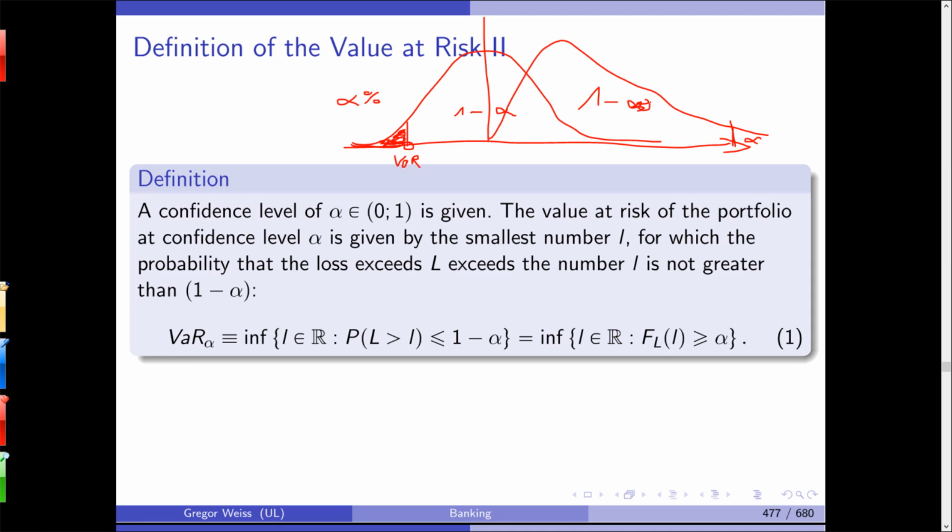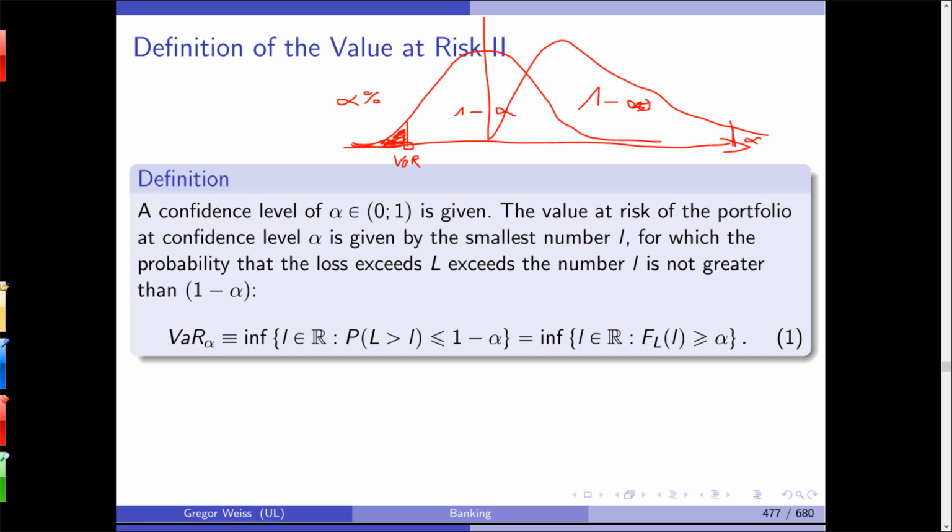It is not 0 to alpha, but it is always alpha percent. Many bankers before the financial crisis did not understand this fully. They thought that alpha is an upper bound for the losses, so that you would never incur a loss that is higher than the VaR. That's not correct. So in this sense, it's not a maximum loss.